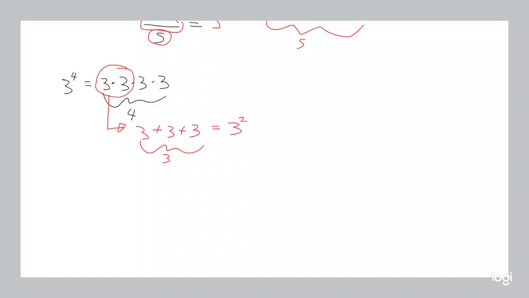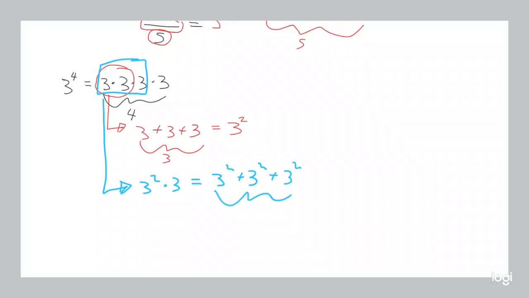Now, let's look at 3 times 3 times 3. Well, what's going on? Well, we have that 3 times 3, the 3 squared, but we're multiplying that by another 3. So what's going on? We have 3 squared plus 3 squared plus 3 squared, right? We're adding it to itself 3 times.